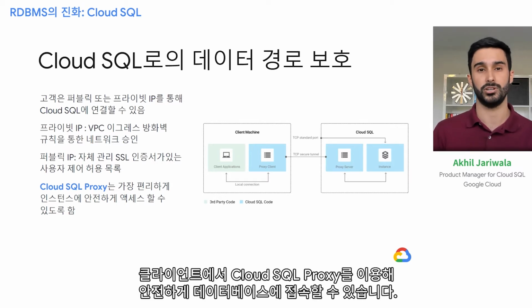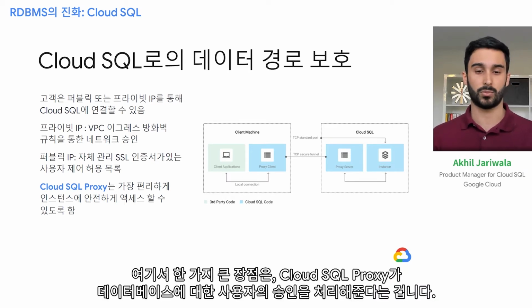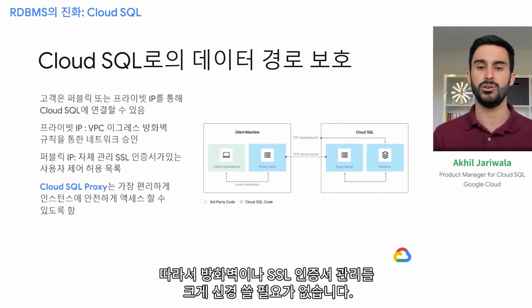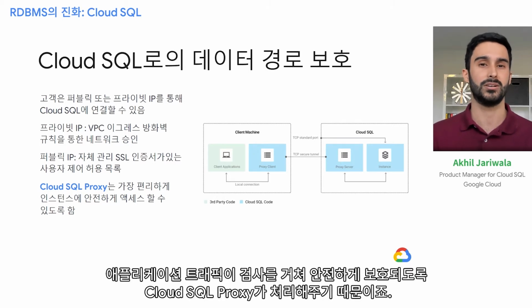So too do you do that when you're connecting to a database on a client using the Cloud SQL proxy. A big benefit is that the Cloud SQL proxy handles the authorization of the user to the database, so you don't need to worry as much about managing firewalling or the SSL certificates, because the Cloud SQL proxy takes care of that for you to make sure all of your application traffic is vetted and secure.